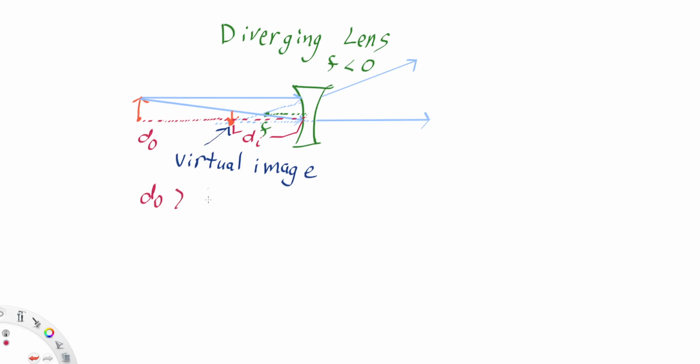The object distance is positive always, but for a diverging lens, the image distance is negative and the focal length is negative. Definitions of magnification stay the same though.